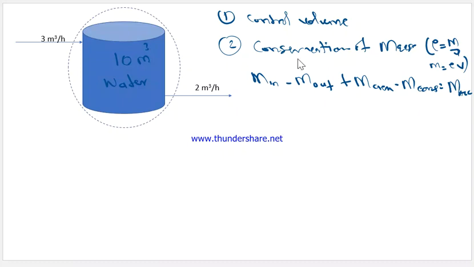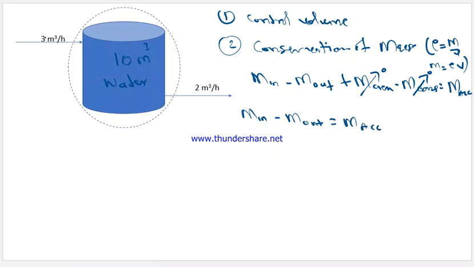So after we have done that, let's apply this. There's no reaction, therefore there's no mass generated. There's no reaction, there's no mass consumed. So simply we have mass in minus mass out is equal to mass accumulated.